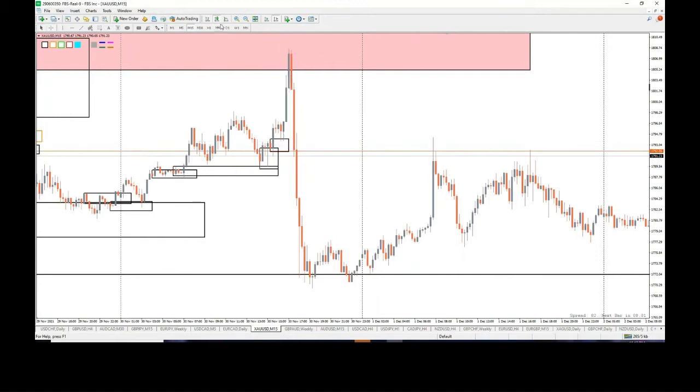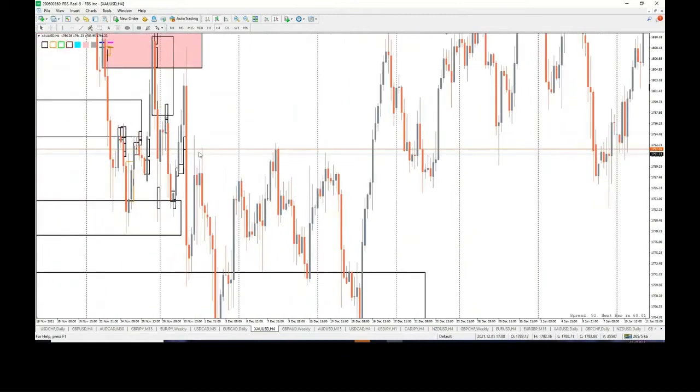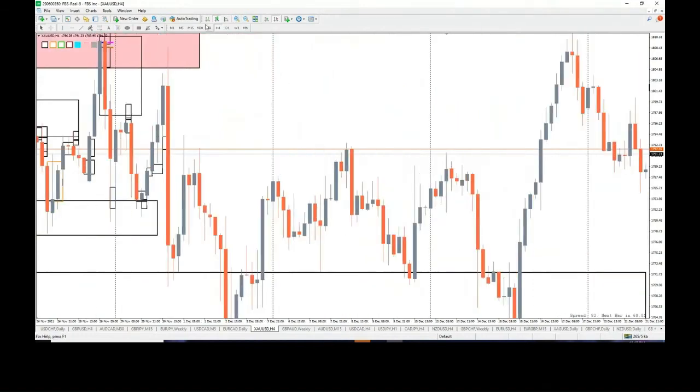This is what I'm talking about, when you have to use M5, M1, or M15 for confirmation. This is news. When there's news, price always goes like that. There's a fast momentum.